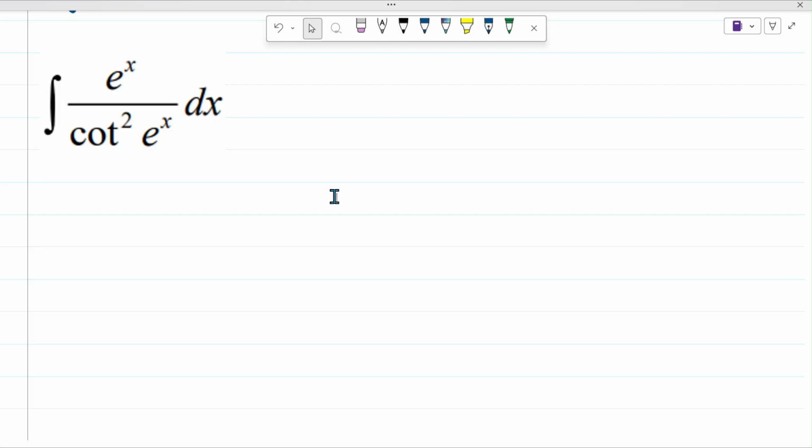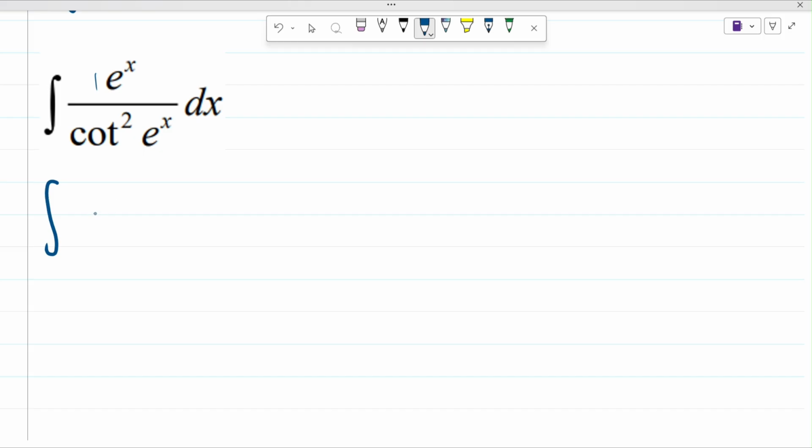So we can see that definitely there is nothing that was integrated for us to get 1 over something. So we need to rewrite this in a nice way for us to be able to see what was differentiated there. So we are then going to conclude that 1 over cot is tan, right?